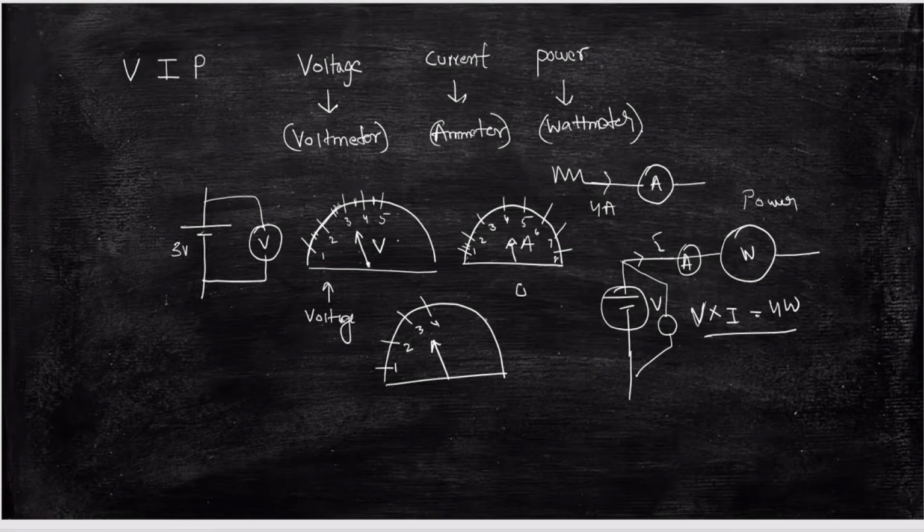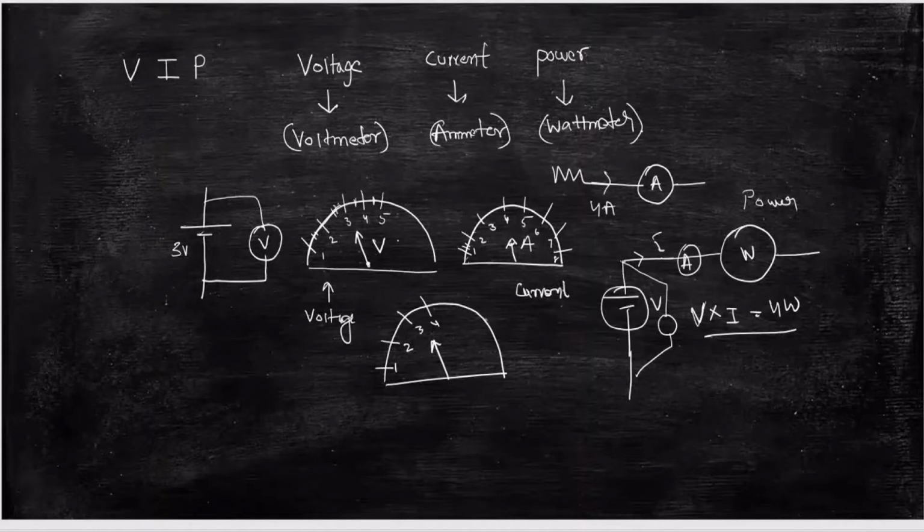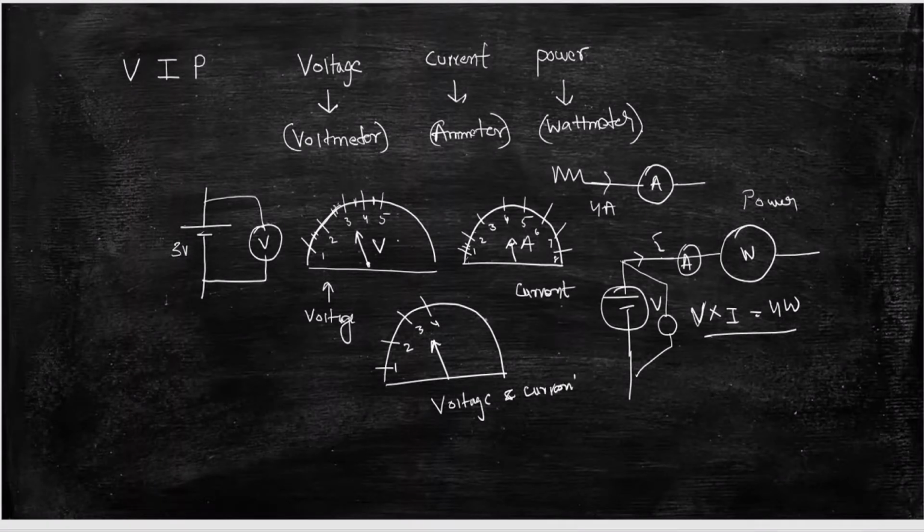Current is the input to this ammeter. And for this, how many inputs are there? Voltage and current. So how many parameters are input to this wattmeter? Voltage and current, so 2 parameters are input to this wattmeter.